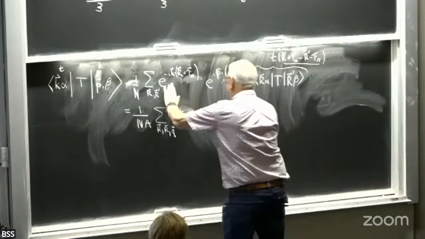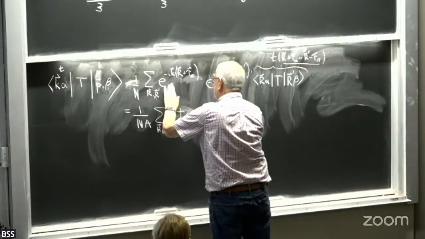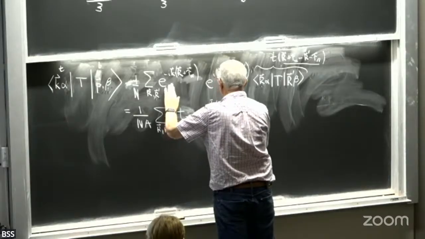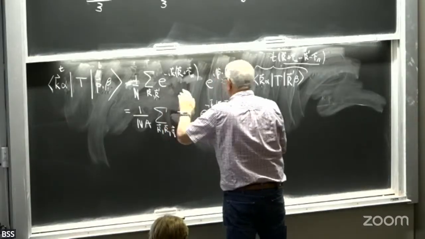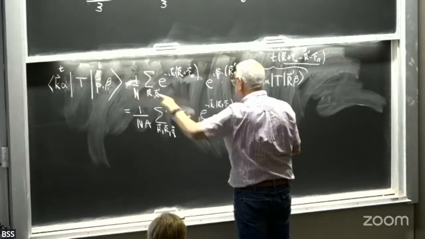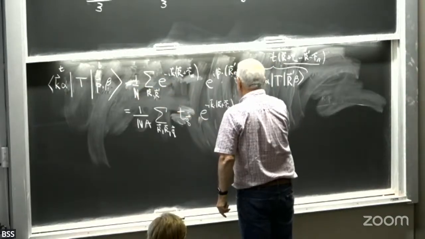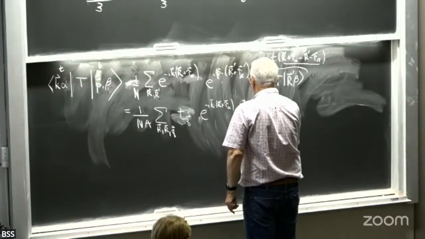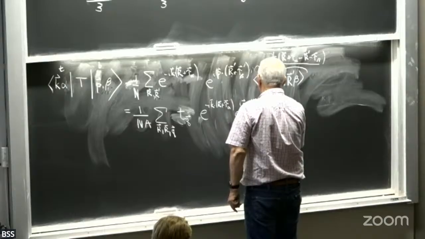I have this phase factor, e to the minus ik dot (r plus tau alpha). K is a wave vector of the state in the top layer. e to the ip dot (r prime plus tau beta).